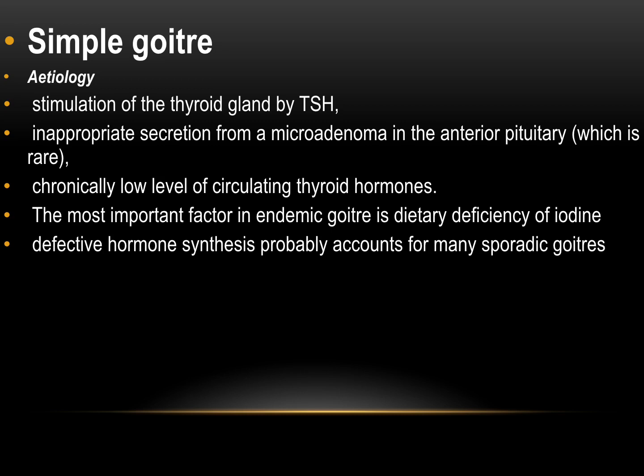Defective hormone synthesis probably accounts for many sporadic goiters. So, either there is a microadenoma in the pituitary gland producing inappropriate secretion of TSH, which is very rare, or there is a chronically low level of thyroid hormone. Here we have two causes: the most important in an endemic area like our country is iodine deficiency, and the second might be a defect in hormone synthesis due to a defect in a certain enzyme.